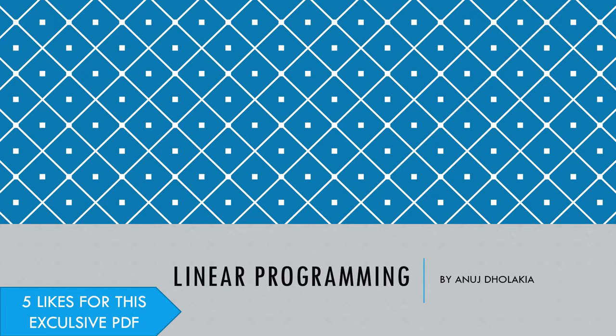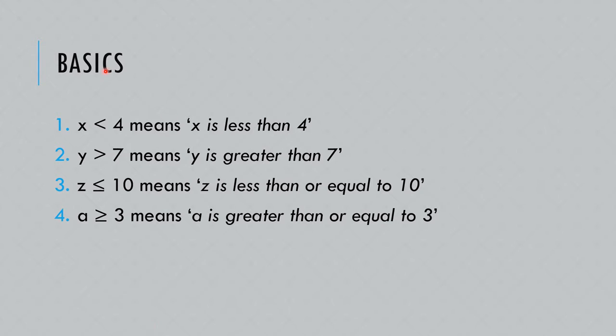Let's get started. So these are the very basics of linear programming, the simple signs. So x, this means x is less than 4. So it can be 0, 1, 2, 3, minus 10, maybe minus 5.5 also.